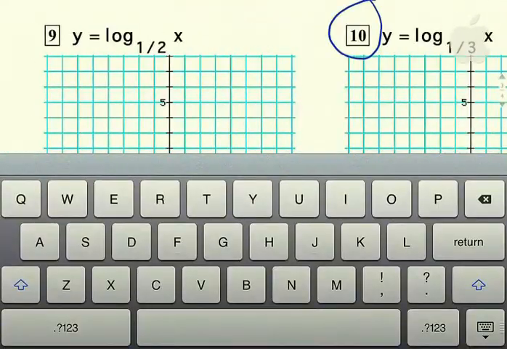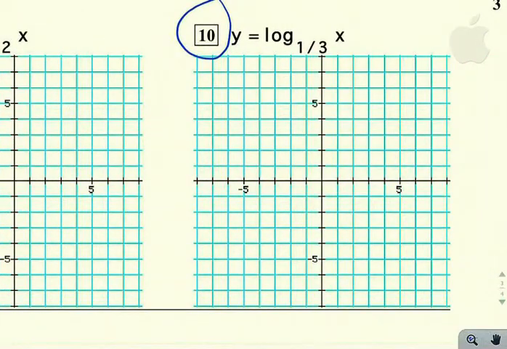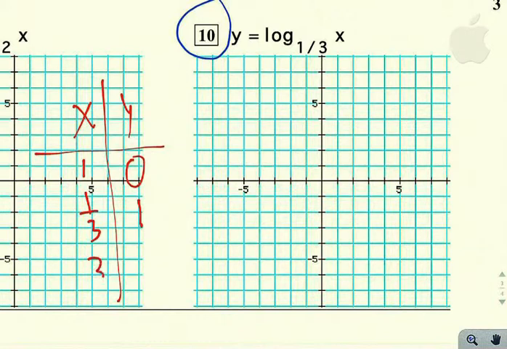Okay, another one. Let's make an xy chart again. This time, when x is 1, log to the base 1/3 of 1 is 0. If x is 1/3, log to the base 1/3 of 1/3 is 1. And if x is 3, log to the base 1/3 of 3 is negative 1.